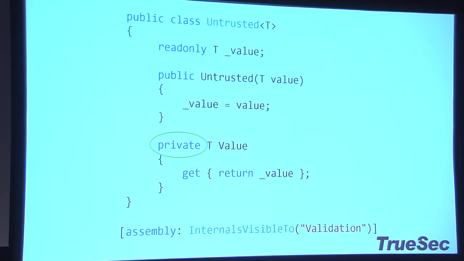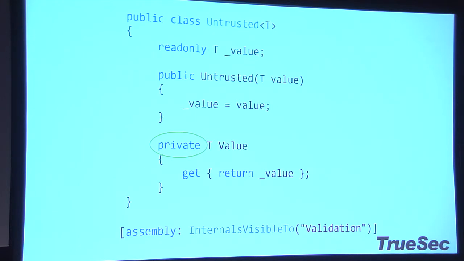So there's this thing in C# called an assembly, which is the packaging unit in .NET. It's like a jar file, basically, in Java. And assemblies can have attributes to them. You can set sort of metadata on them.